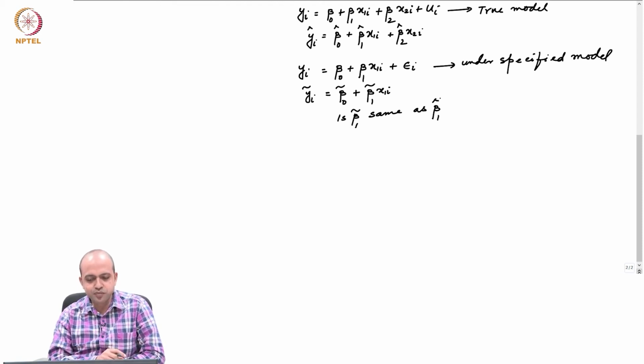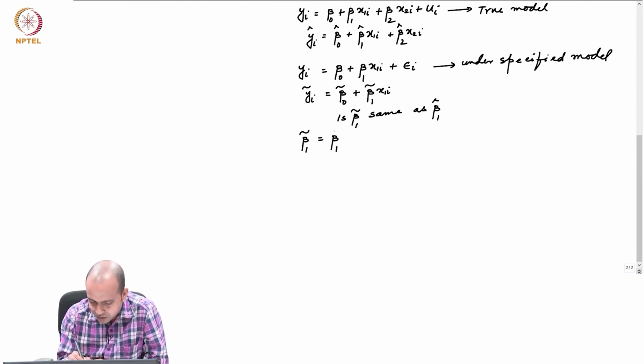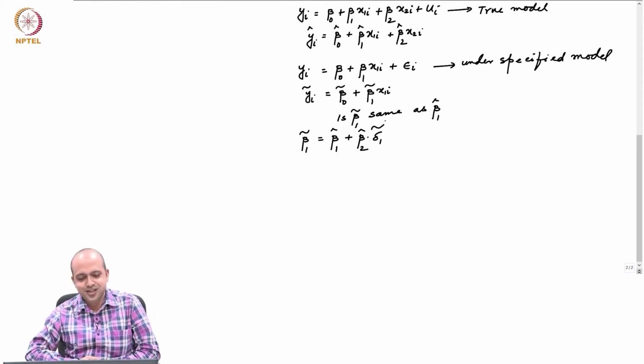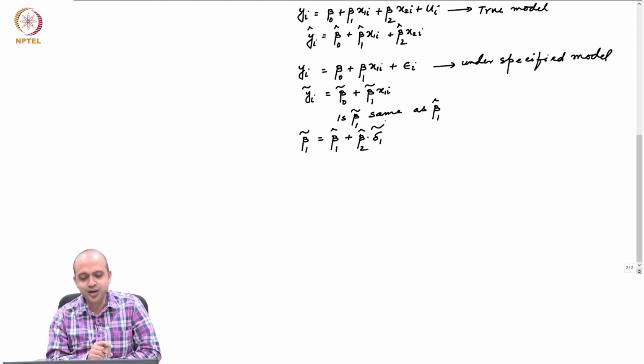Now, from the way we have specified these, we can write a simple relationship between the two, where beta 1 tilde equals beta 1 hat plus beta 2 hat times delta 1 tilde. Okay. If you compare these two models, we can easily understand that this beta 1 tilde is basically beta 1 hat plus beta 2 hat times delta 1 tilde.